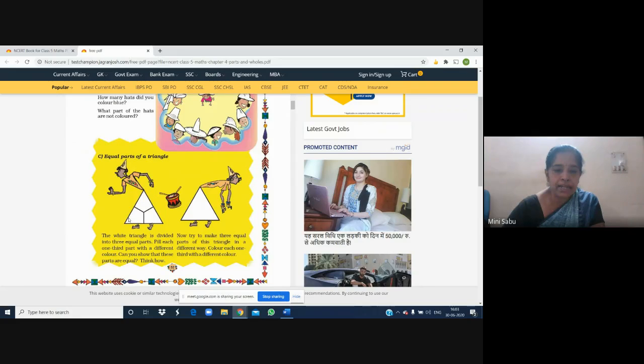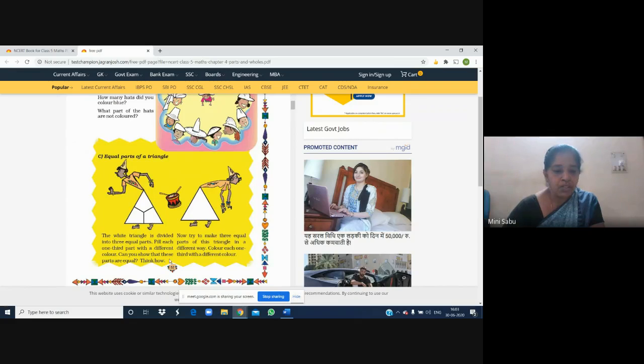This is the triangle, okay, and we write 1/3 here, see like this. Then the triangle is divided into 1, 2, 3 equal parts. Each part is equal. Okay, fill each 1/3 part with a different color.